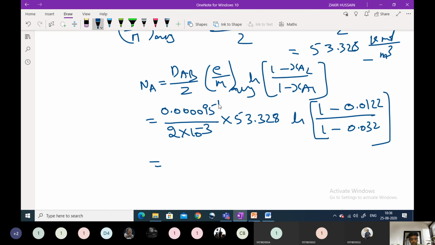If you want, I can write the units also. DAB is meter square per second, Z is meter, and rho by M is kilomole per meter cube. Meter square cancels with meter and meter, leaving kilomole per meter square second. So you can calculate that value.